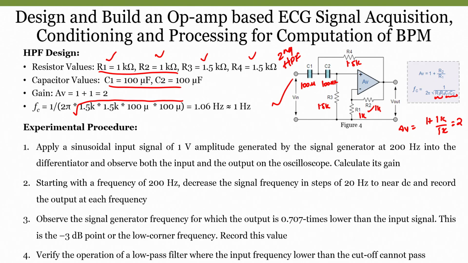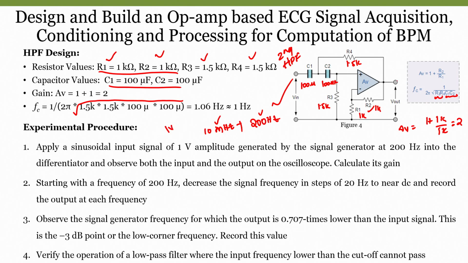Since the cutoff frequency is 1 hertz, we will go from somewhere around 10 millihertz to greater than 100 hertz, somewhere around 200 hertz also we can go. We will slowly increase the frequency and we will use an input signal of 1 volt.